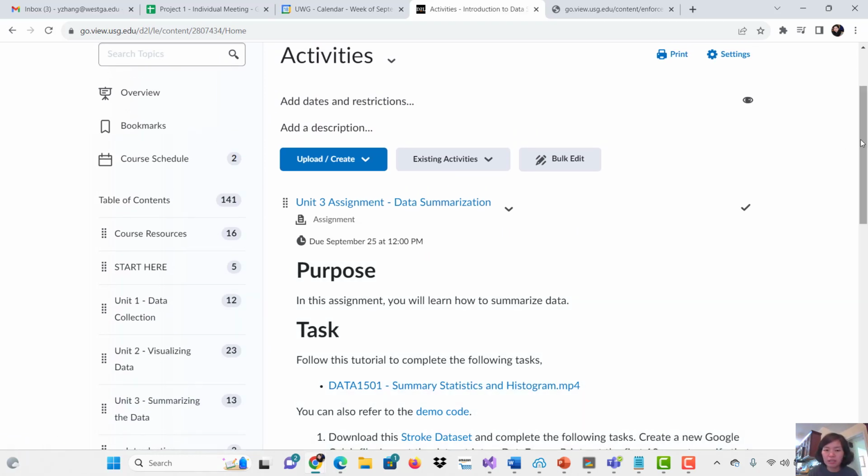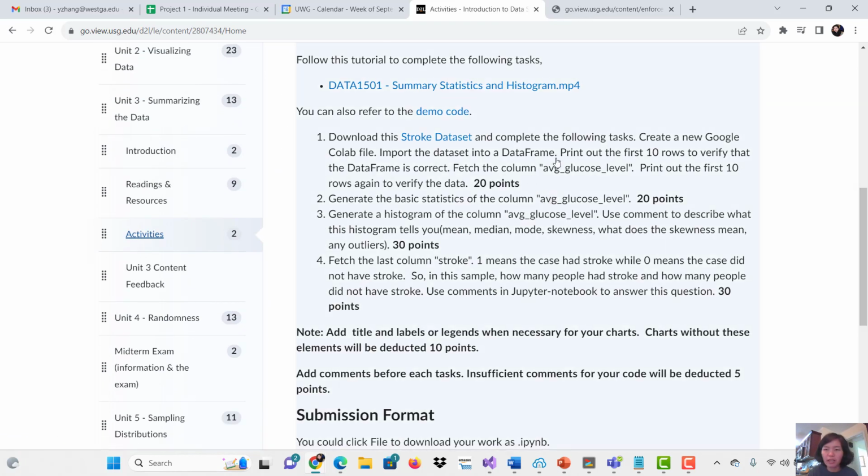So here in this assignment, you will be asked to fetch the data and then to get the basic statistics and then plot a histogram of the data. So for the first step, you just print out the data frame, and the second one, you just fetch the column and then get the basic statistics. We already explained in detail how to use the .iloc function, which means index location, right?